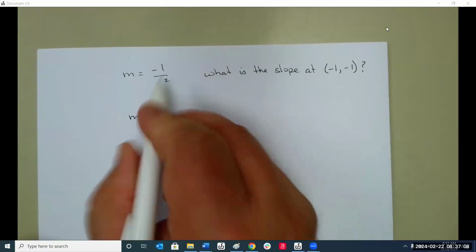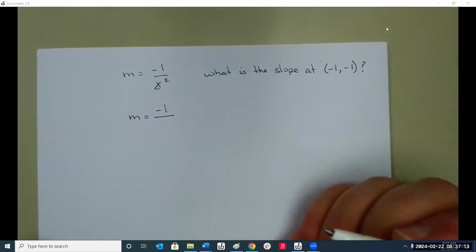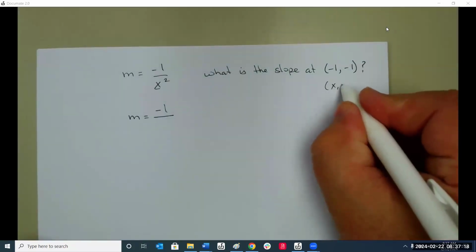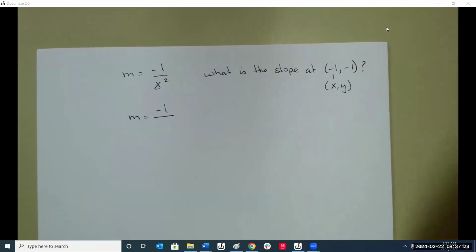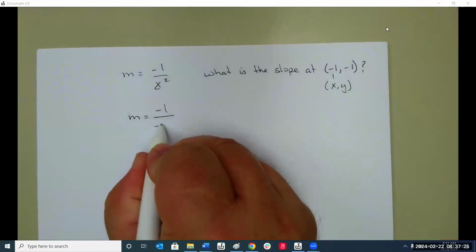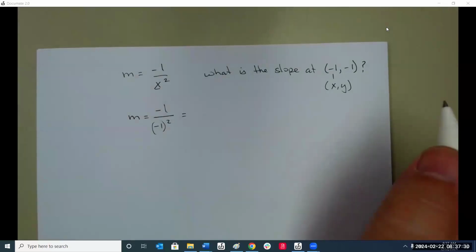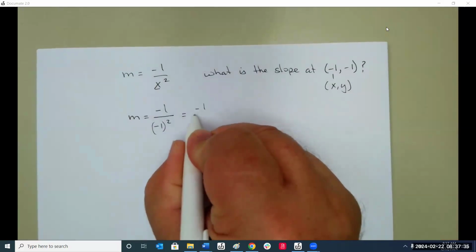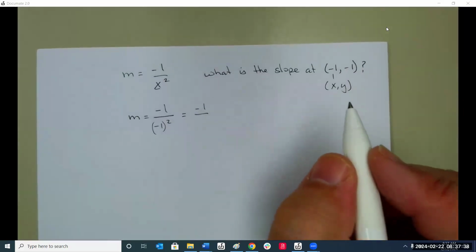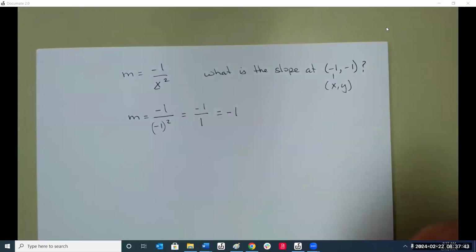To find that, what do we need? Do we have an x value? Yeah, because remember, this is a point, so it's x and y. The x value is -1. -1 squared. What is -1 over -1 squared? What is -1 squared? So -1 over 1 is -1.